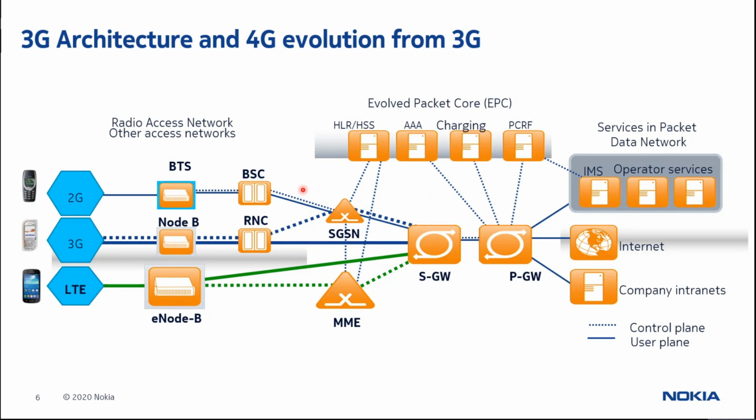So SGSN, or the Serving GPRS Support Node, is a particular component of the GPRS network. It is responsible for packet routing and the transfer of all the information that you have from one user to the other. And then it is also responsible for mobility management. So there are a lot of control plane messages exchanged from the radio network towards the core network, even while you are doing handover.